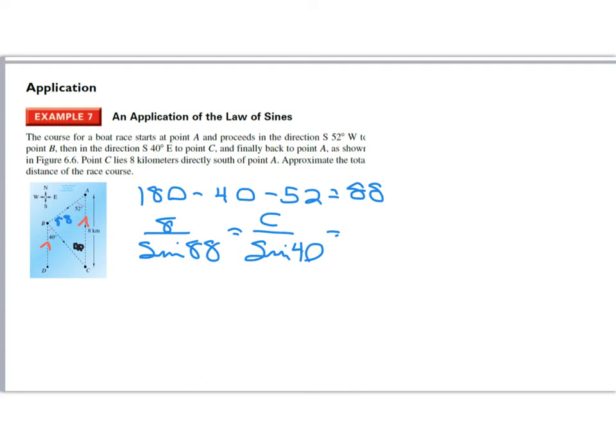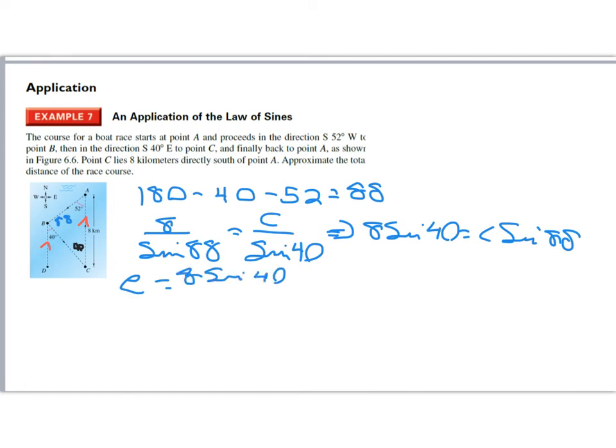So cross multiply, I got 8 sine 40 equals C sine 88. Therefore, C is equal to 8 sine 40 divided by the sine of 88. I'm going to plug that in my calculator. And you get approximately 5.15. Okay, that gives me C.